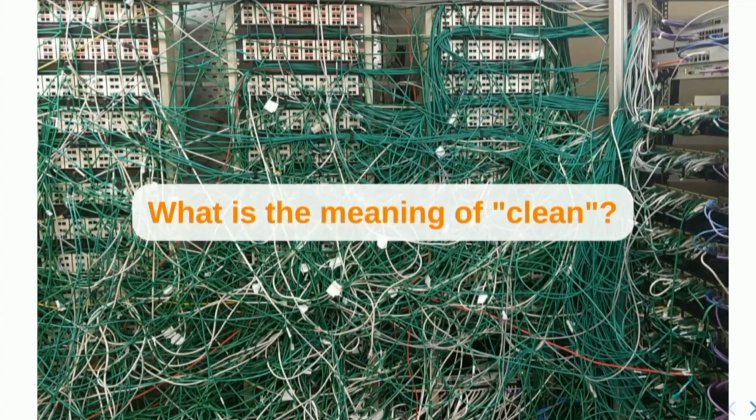Now that I defined architecture, and I decided for you that we need it, let me define clean, because this is about the clean architecture. I found it easy to define the opposite of clean, the picture in the background. If you look at that system, you can definitely say this is not clean.